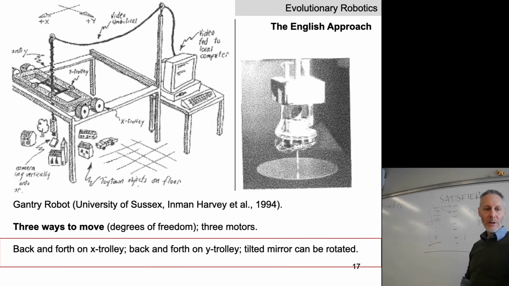Okay, so what can the gantry robot do? First of all, we want to think about how it moves. There are 3 ways it can move, or 3 degrees of freedom. Remember our discussion about movement and degrees of freedom. There are 3 motors in this experiment. Motor 1 drives the X trolley.